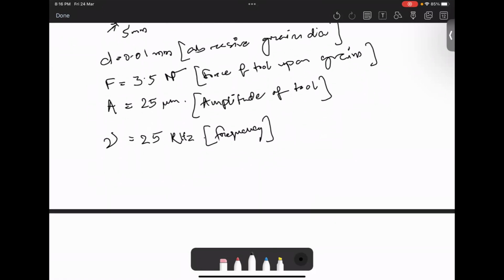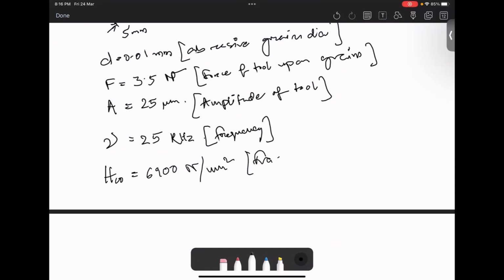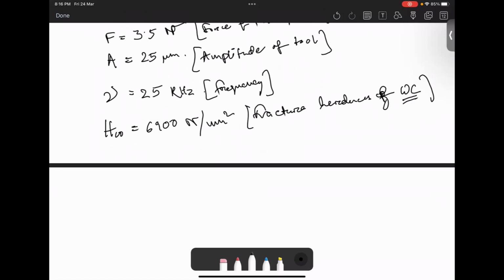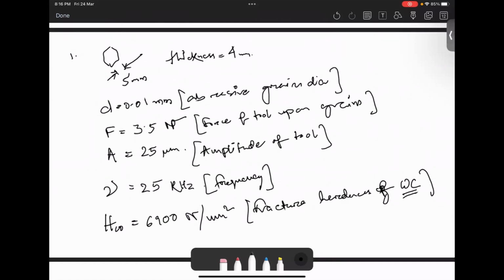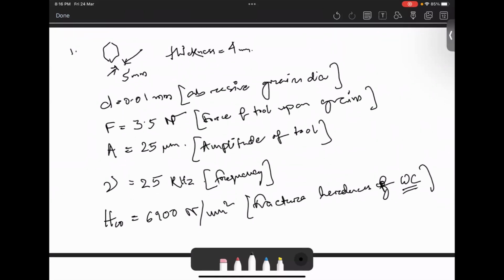And the hardness of the workpiece is given as 6900 Newton per millimeter square. This is the fracture hardness of the workpiece, which is made of tungsten carbide, WC. So given this data, you have to find out the time.